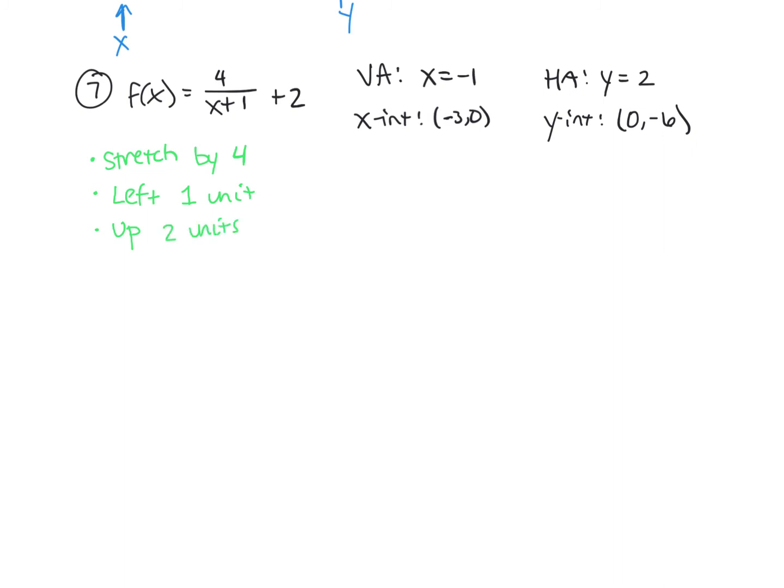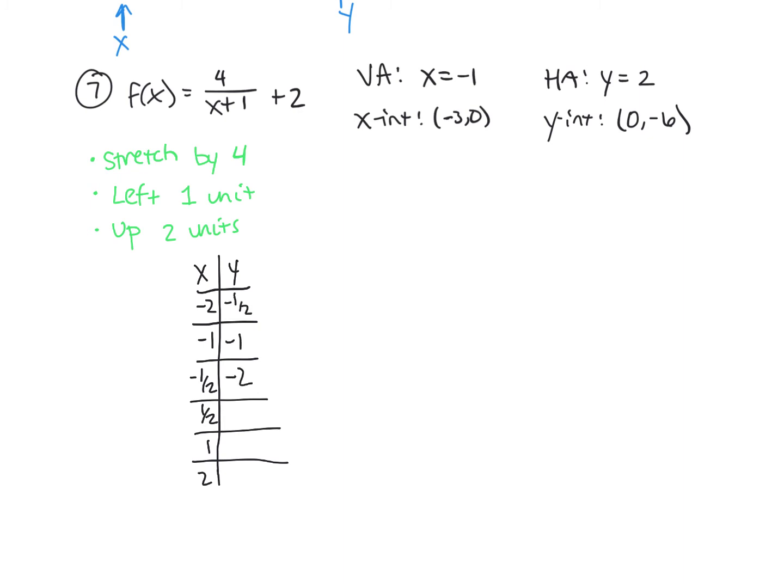To make a transformation table, I'm going to stick with the same parent table that we did before. So we're still going from -2 to 2, but instead of doing 0, we're going to have a -1/2 and a +1/2. And our y values are -1/2, -1, -2, 2, 1, and 1/2. Taking a look here, I'm always going to start with my x values, so anything moving left or right.